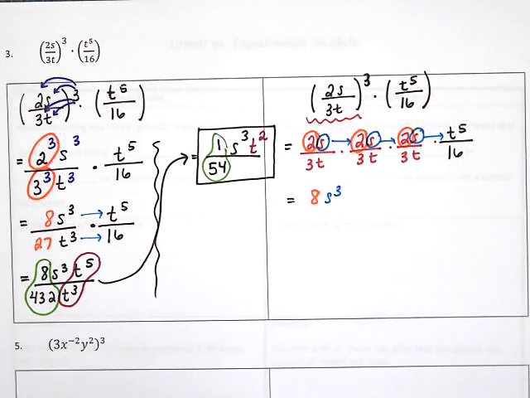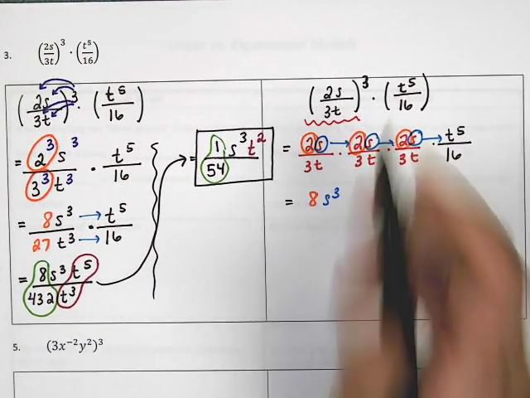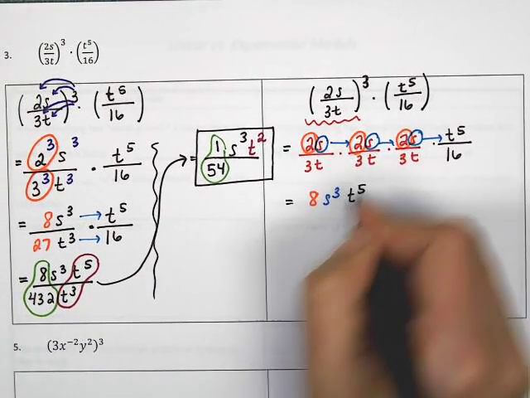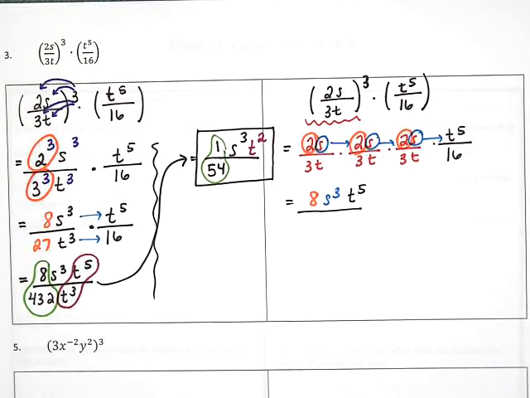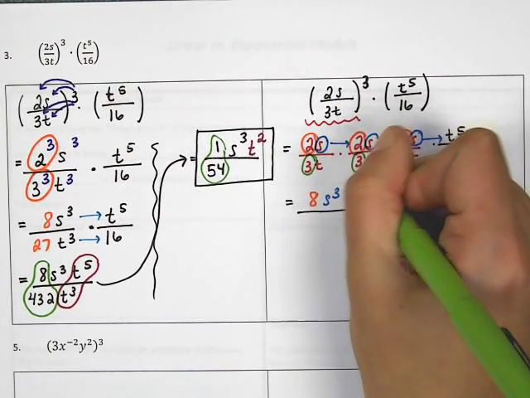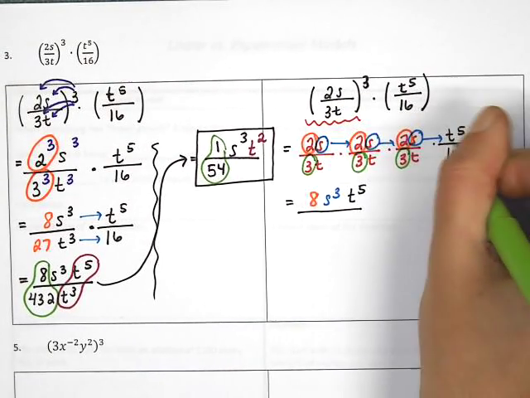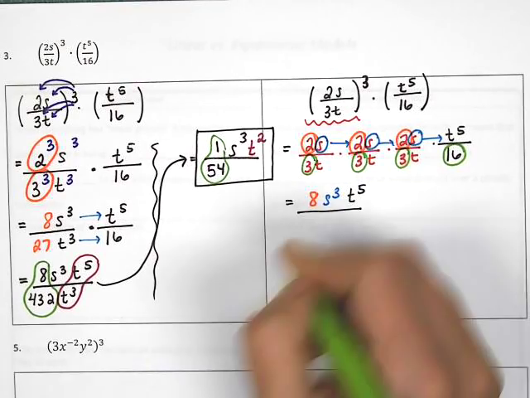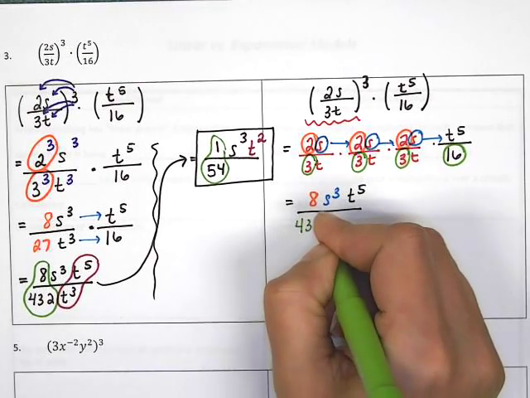And then I've also got this t to the 5th hanging out up there. And then you could combine a bunch of stuff on the bottom. So you could say, well, I'm going to combine all the 3's, 3 times 3 times 3 times 16, and that's going to give you 432.